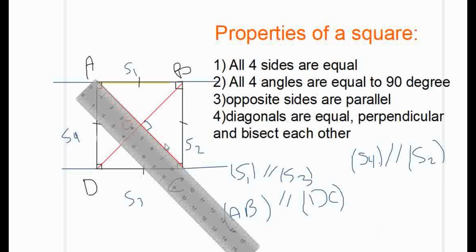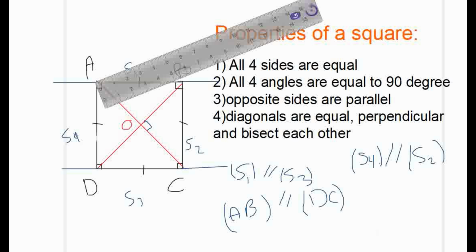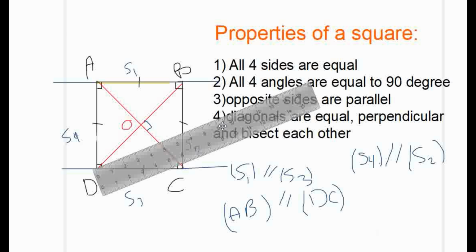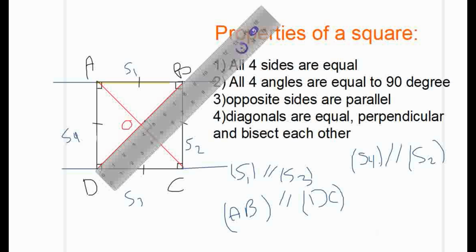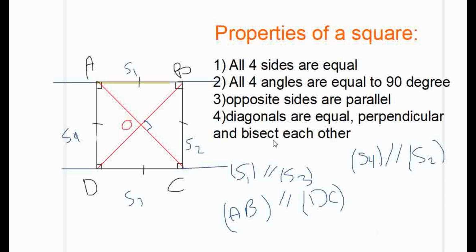So it is between the second and the third small dash. And also, if we want to make sure O is the midpoint of DB, of course that will be true. You can see that it is between 4 and 5, so it will be 4.25. So the diagonals also bisect each other.